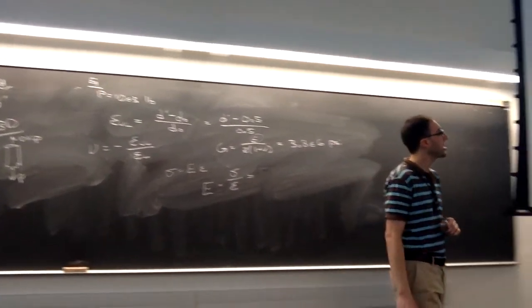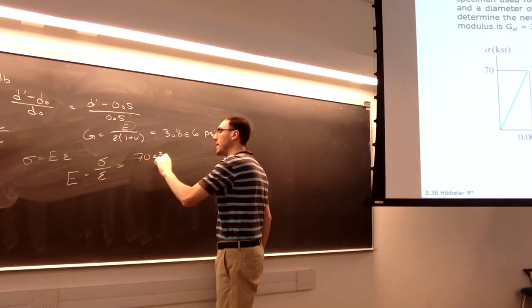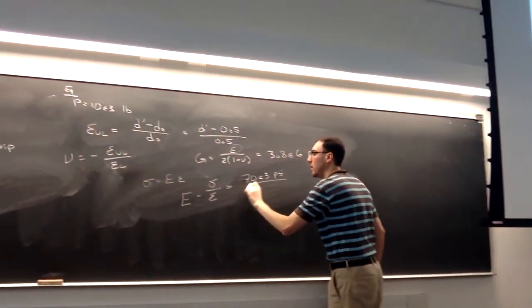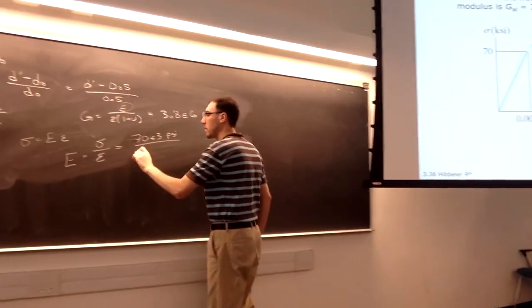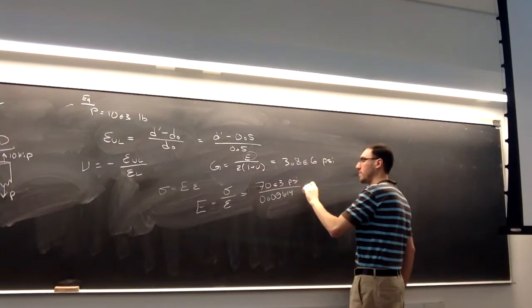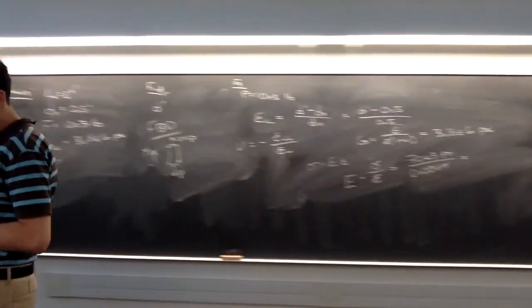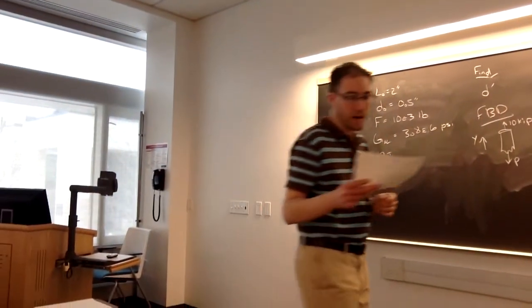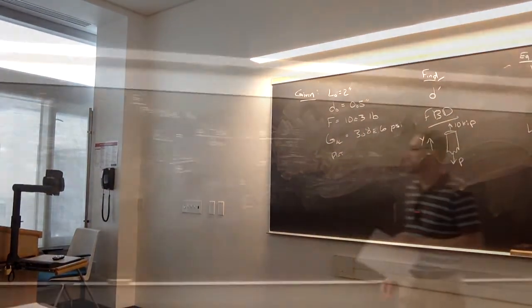So at the proportional limit, 70,000 psi over the normal strain, 0.00614. Tells us that the Young's modulus for this material is 11.4 MSI.